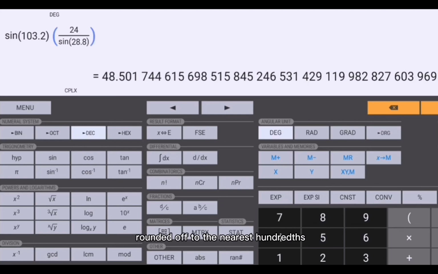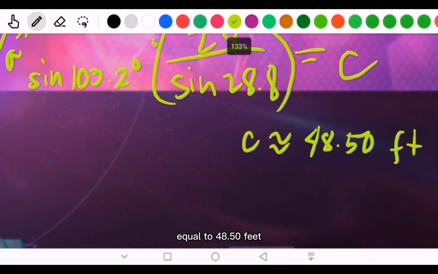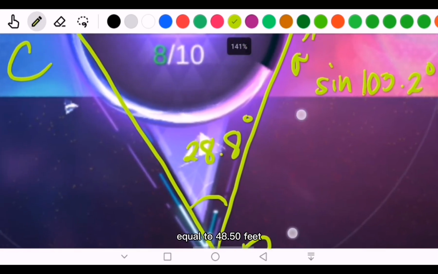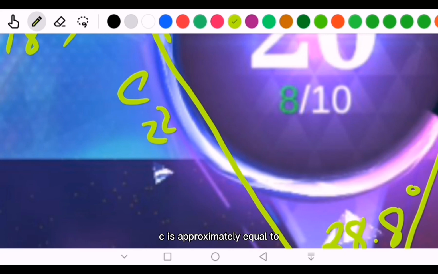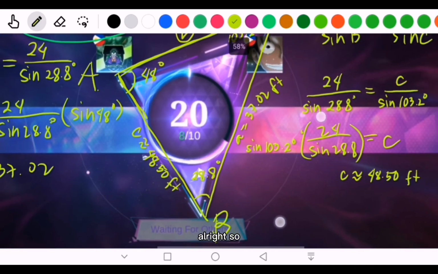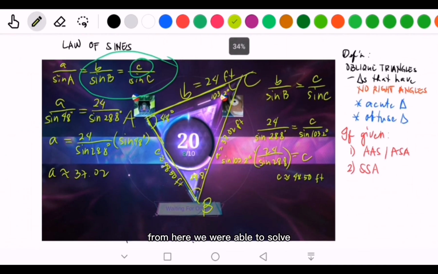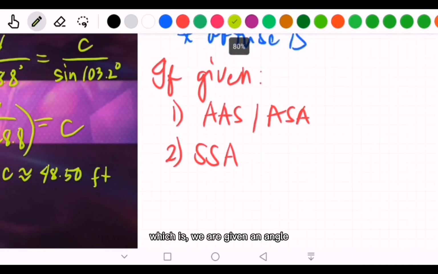Rounded off to the nearest hundredths, c is approximately equal to 48.50 feet. So from here, we were able to solve an oblique triangle with the first case, where we are given an angle and then a side.